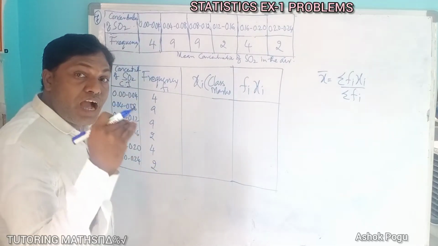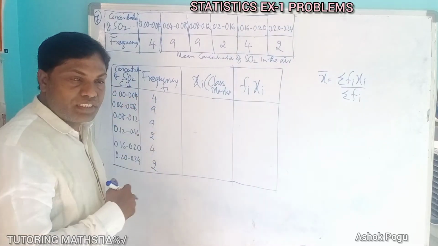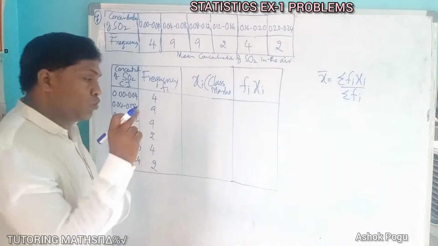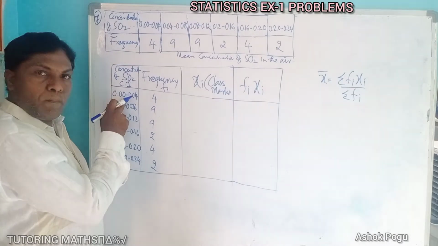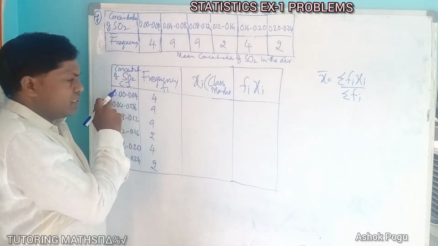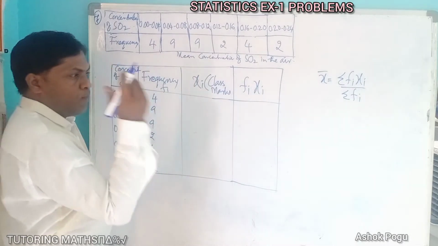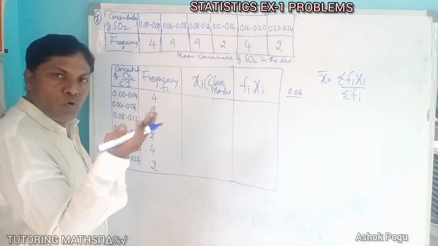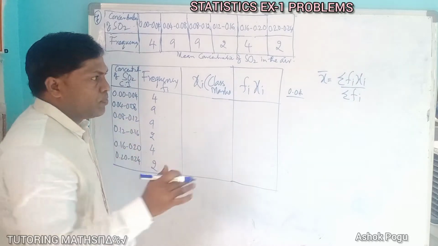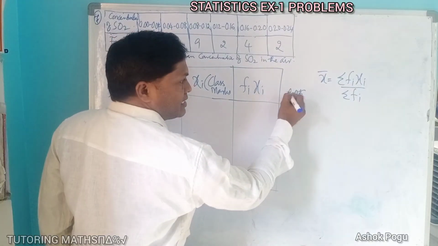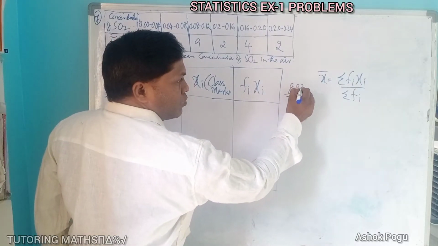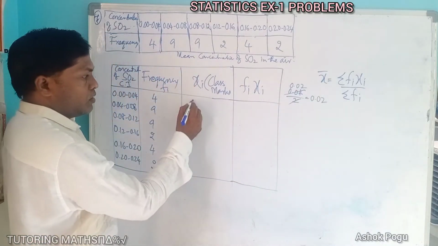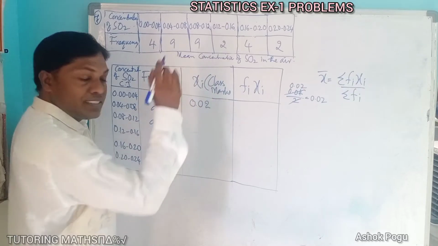The class mark is nothing but half of the sum of the two limits. 0.00 plus 0.04, the sum remains 0.04, and half of it, 2 2s are 4, gives 0.02. The first result is 0.02.